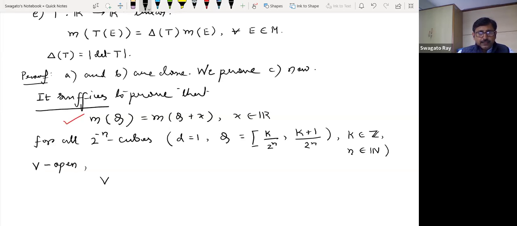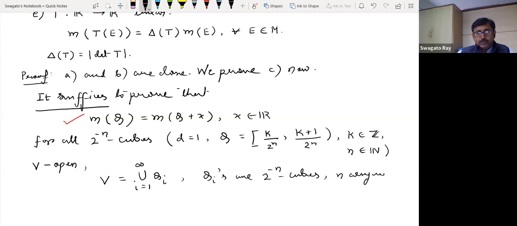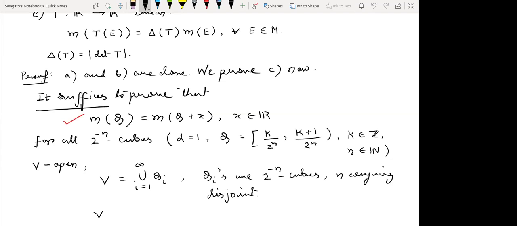Well, V is the union over i from 1 to infinity of Qi, where all these Qi's are 2 to the power minus n cubes, with n varying, and most importantly, this is a disjoint union. This is a result we have actually proved in one dimension, right? Agreed?